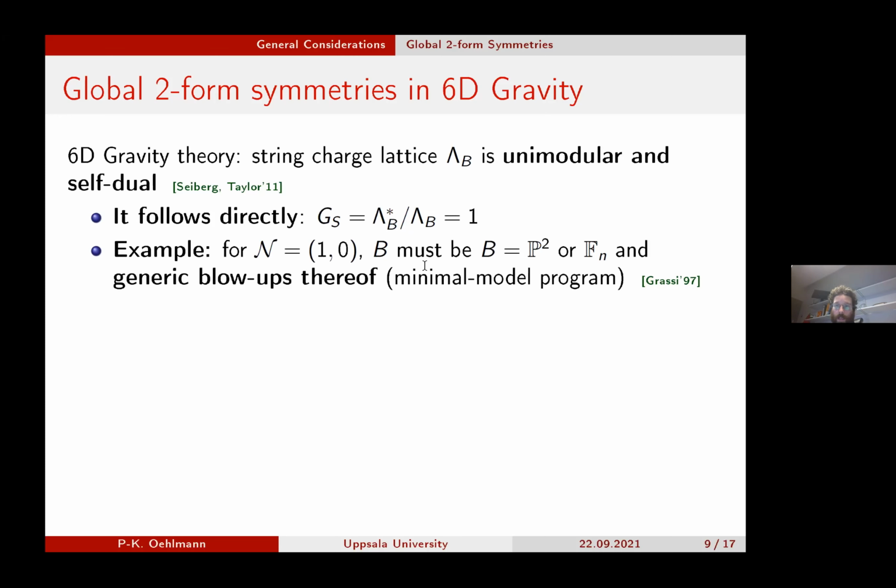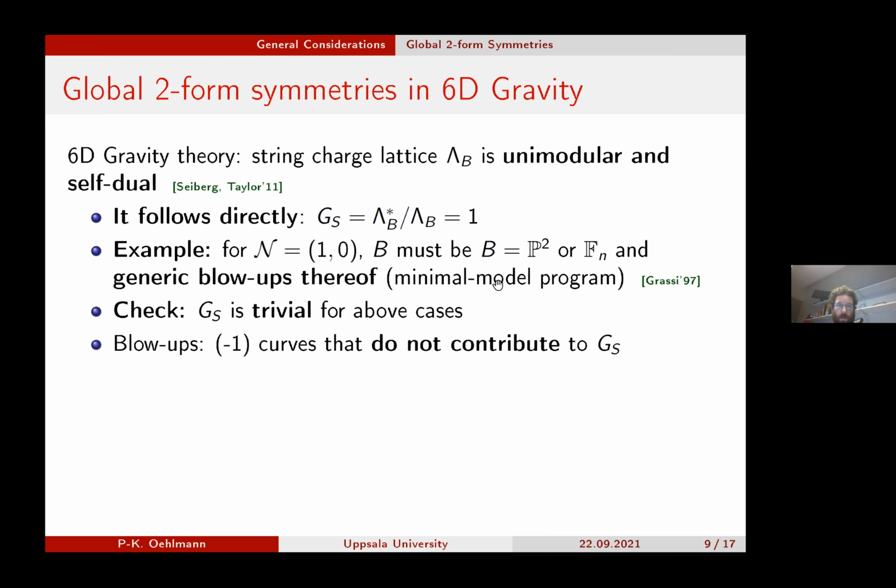But you can actually also look at this very concretely. If you take, for example, 6D 1,0 theory, then the minimal model program has taught us that the base that you consider can only be P2, Hirzebruch surfaces, or generic blowups of these guys. For those bases, you can compute easily that the two-form symmetry is trivial.